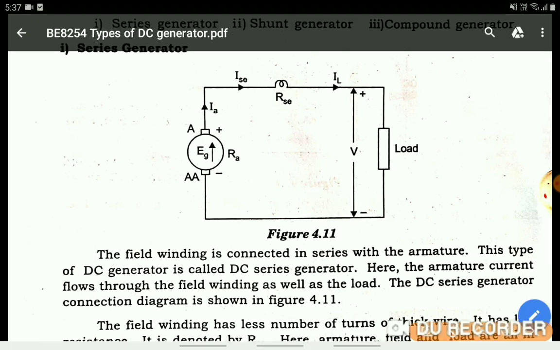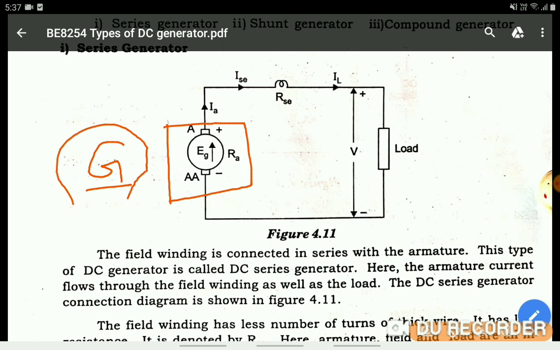We all know how to draw this circuit symbol. Once again I will repeat the same. A DC generator is represented with a circle with G inside it, underlined with a single sloping line which represents DC. The letter G represents generator.